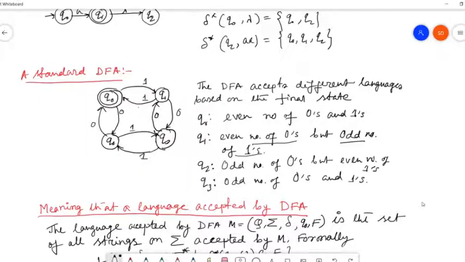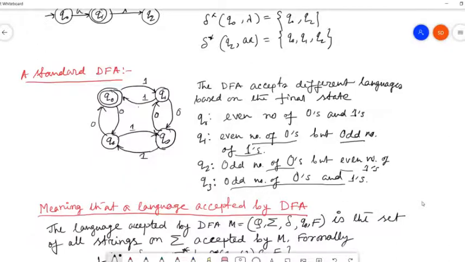For Q2, an odd number of zeros and an even number of 1s are accepted. And if Q3 is the final state, then odd numbers of both zeros and 1s will be accepted by this DFA. So we can use this diagram or this acceptor for these types of variations of zeros and 1s.